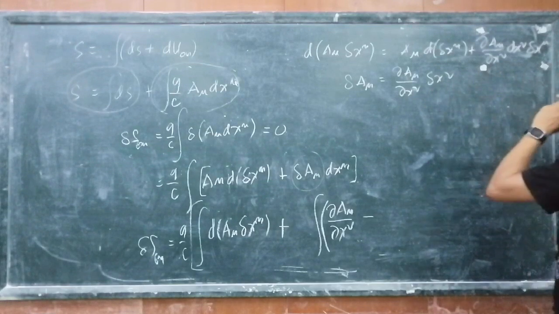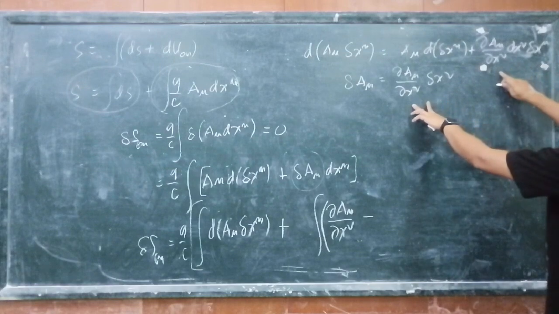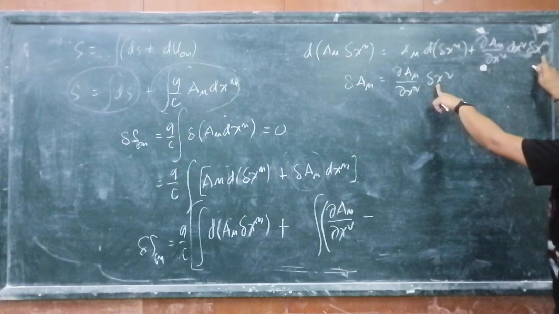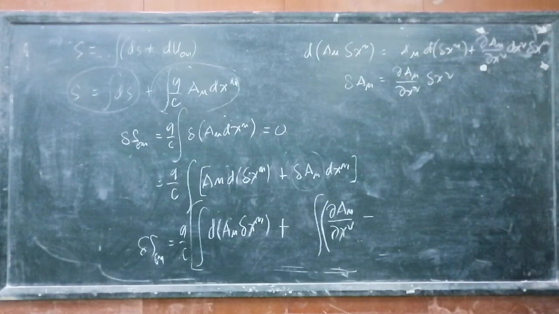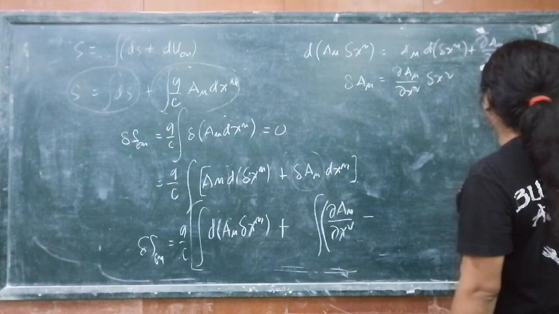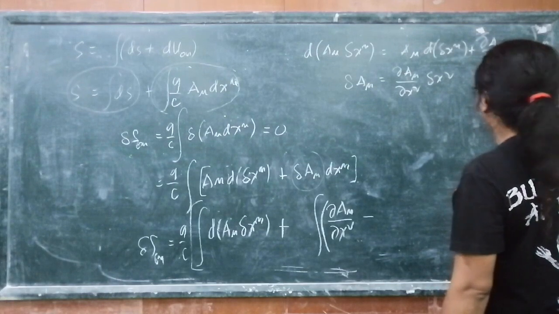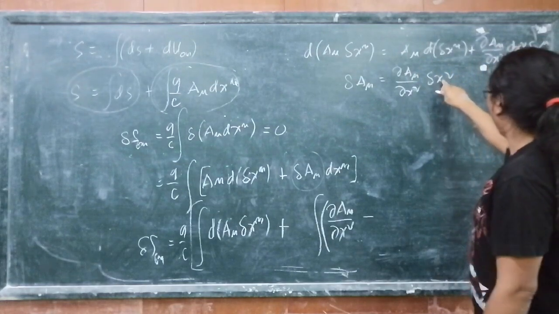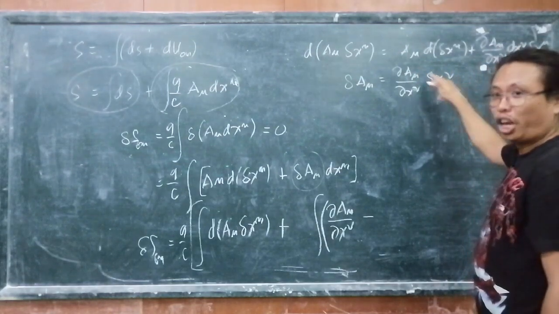To make things more compatible, this is delta x^mu delta x^nu, right? Yes sir. Okay? To make it compatible, we rewrite it: we have x^mu, and this is nu.